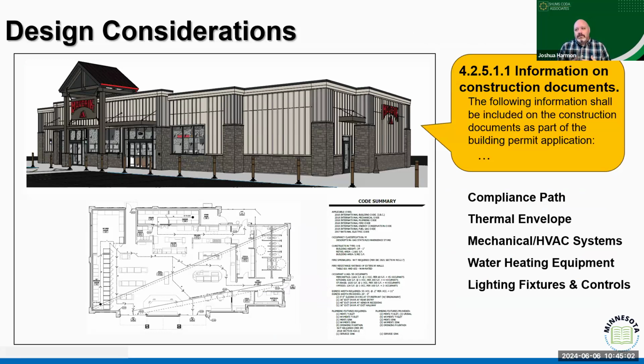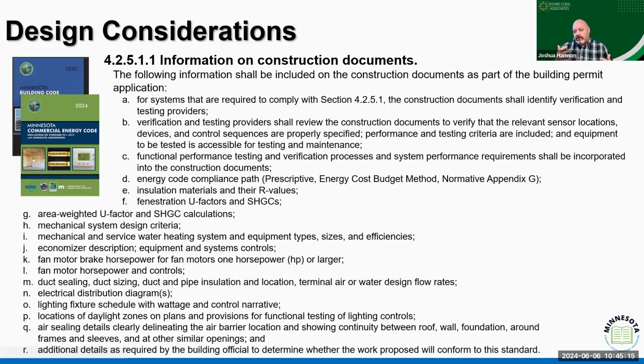Those construction plans are going to include concepts like, what's my compliance path? What's my thermal envelope? What are the systems? What are the controls that are in place? And the code gives us a longer list of 18 specific concepts that we're supposed to identify. Compliance path is, again, one of those key components, as well as the different systems that we're going to talk about today.